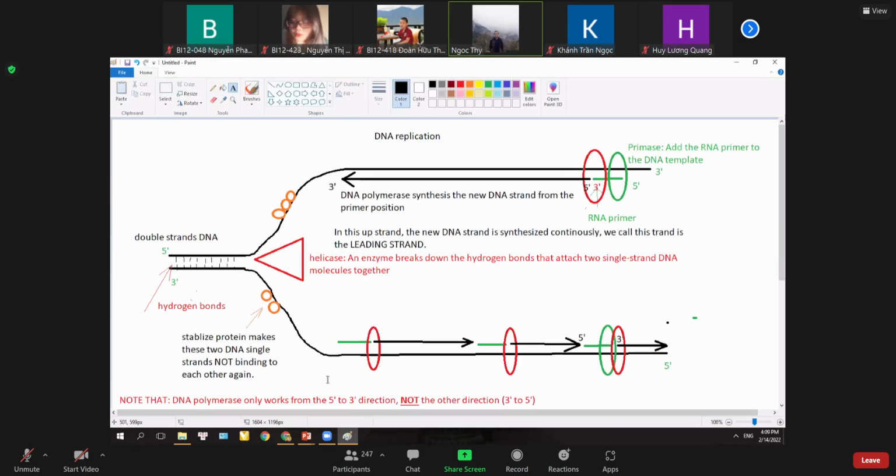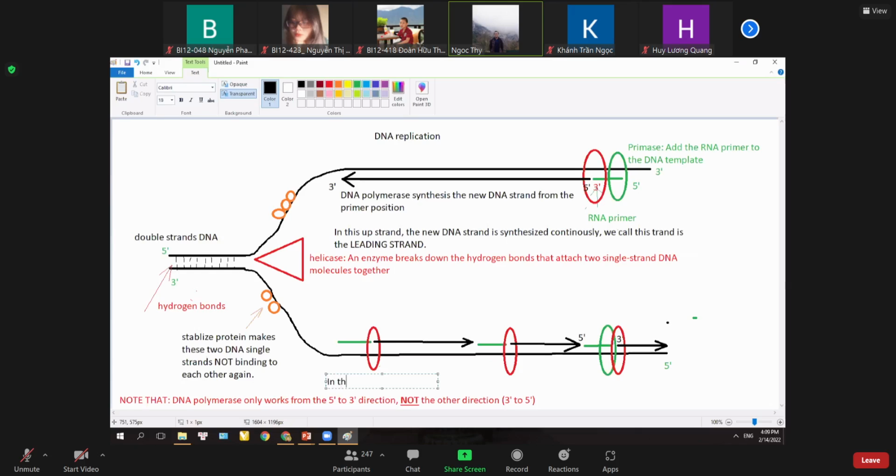And in this lower strand, the new DNA is synthesized discontinuously. So we call this strand the lagging strand.